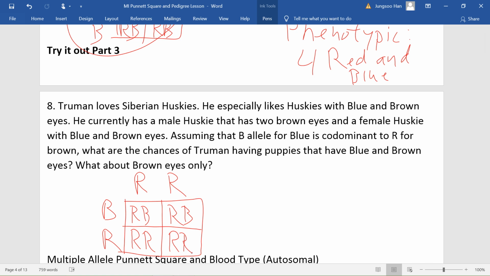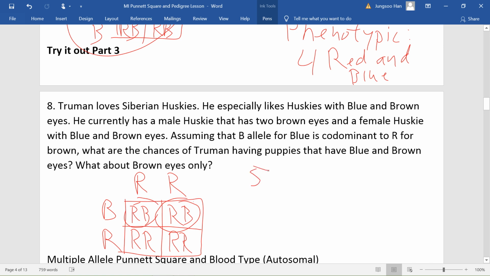Okay. So the question asks, what are the chances of Truman having puppies with blue and brown eyes? Okay, so blue and brown would mean that they have the big R allele for brown and the big B allele for blue. So that is this one and this one. Okay, so 2 out of the 4 Punnett squares would be 50%.